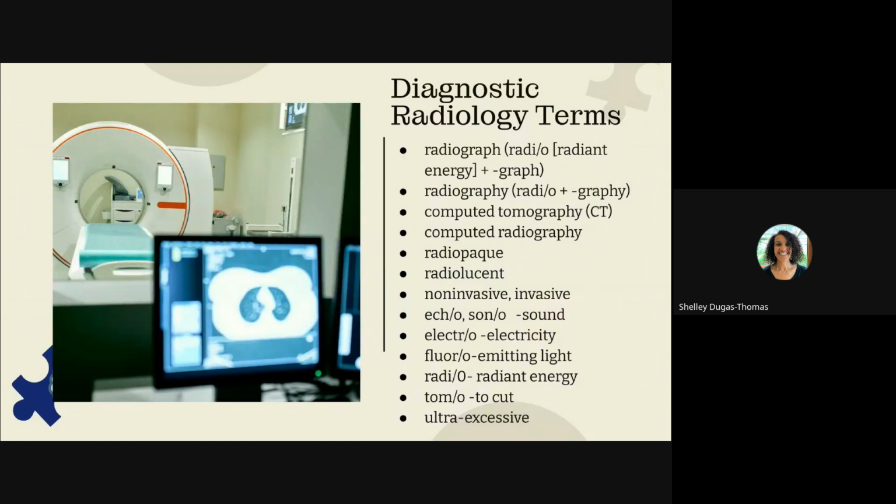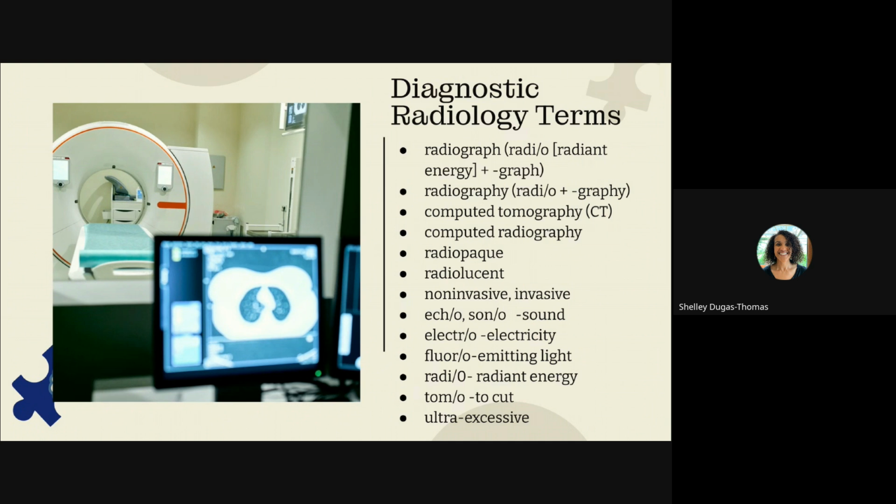Let's build these words together using our word parts. Radio, radiant energy, graph, instrument or record. So a radiograph is an X-ray image. Tom, to cut. Computed tomography, CT, literally creates cuts or cross-sectional slices of the body.